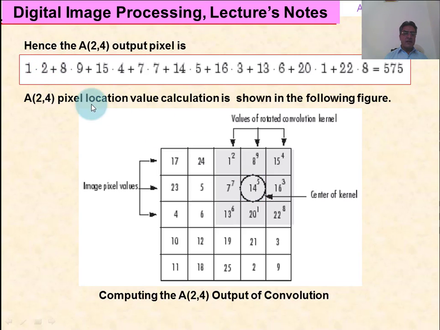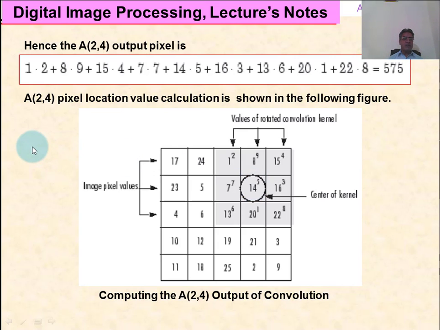Then how will it perform? 1 will multiply with 2, 1 times 2, plus 8 will multiply with 9, 15 will multiply with 4, and 8 times 9, 15 times 4, and then this 7 will be multiplied with 7, 7 times 7, plus 14 times 5, 16 times 3, 13 times 6, 20 times 1, and then 22 times 8. All these values will be summed, and the sum will become 579, and this sum will be stored here.